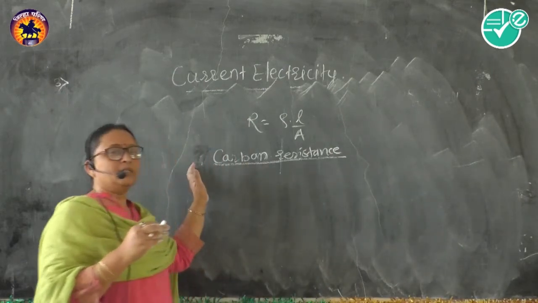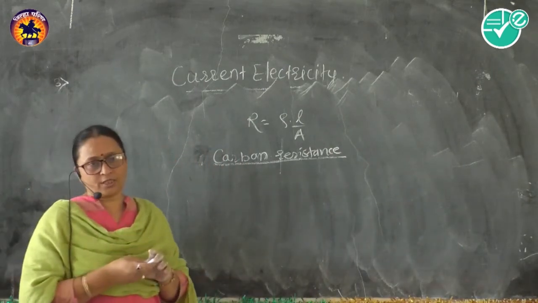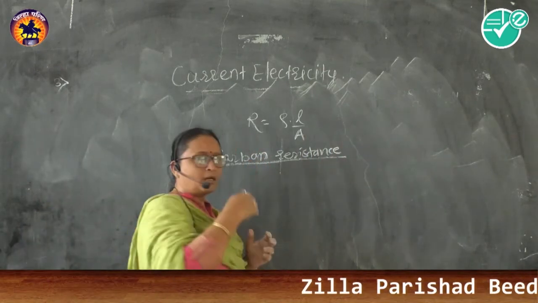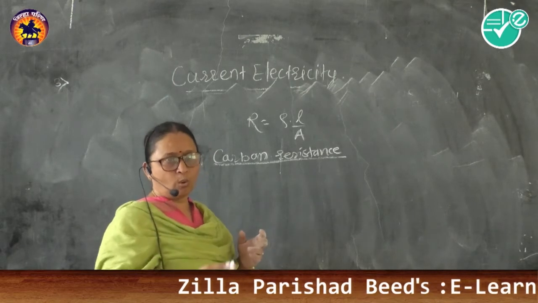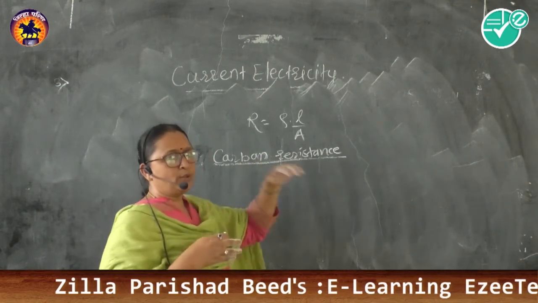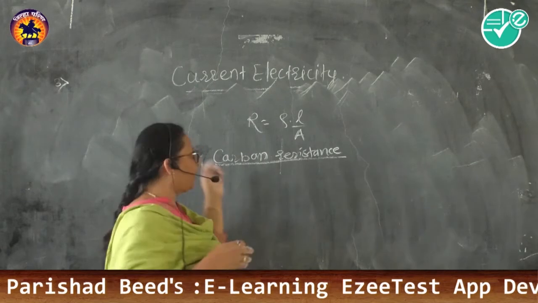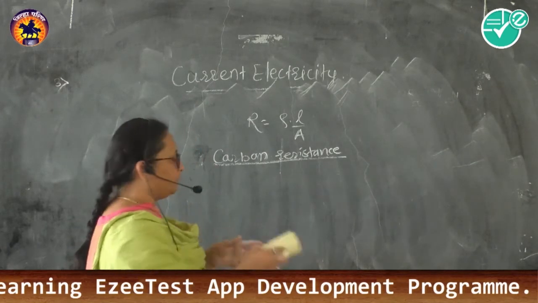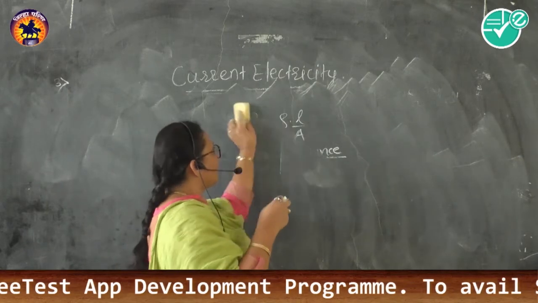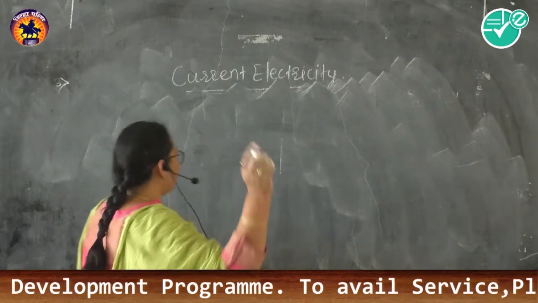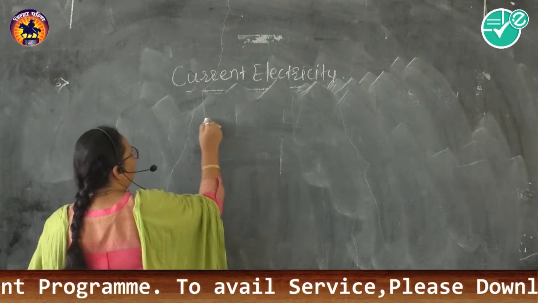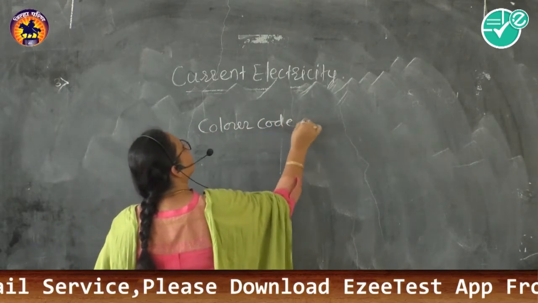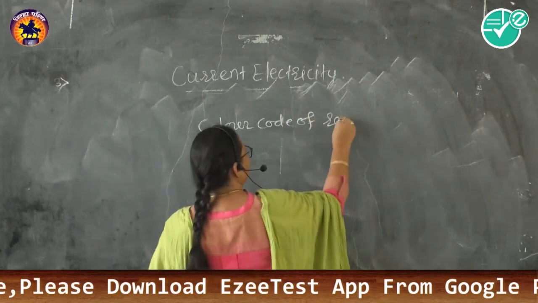We can measure the value of resistance directly, because in carbon resistance there are certain color bands or color codes on it, and by using that color code or color band we can measure the value of resistance of that carbon resistance. So we have to here know the color code of resistance.